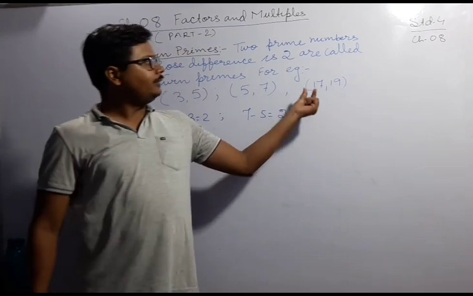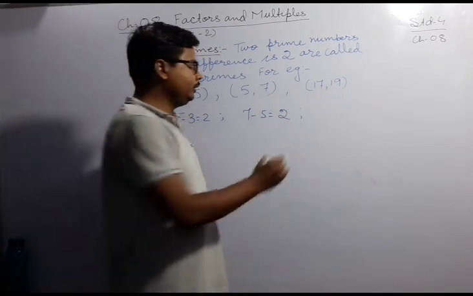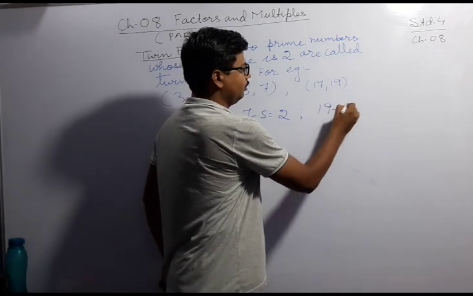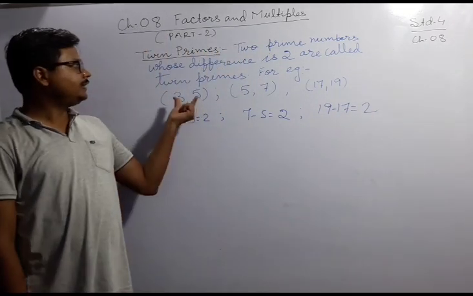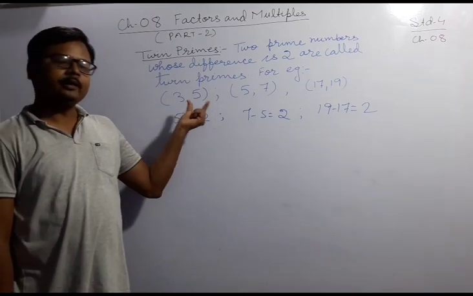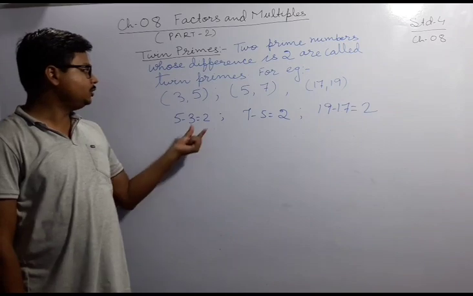And for 17 and 19, when we subtract 17 from 19, we get the answer 2. So these numbers are called twin prime numbers. Their difference is always 2, as you can see here.